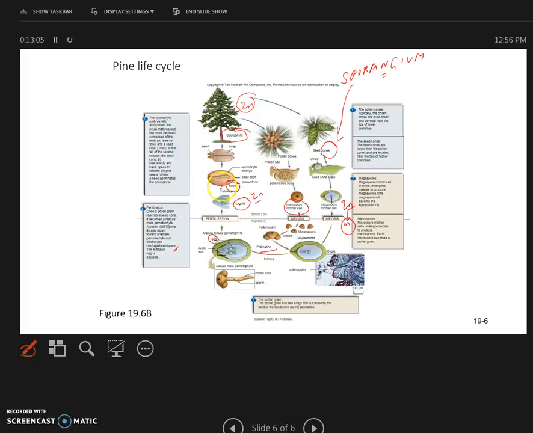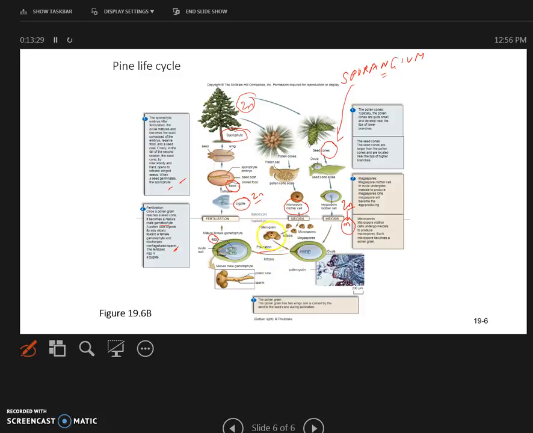Once the cones open up and these winged seeds are liberated, they are going to be carried by wind, of course, or also by animals, and wherever the seed lands it is going to germinate and give rise to the sporophyte. So this completes the alternation of generations, gametophyte with the sporophyte.